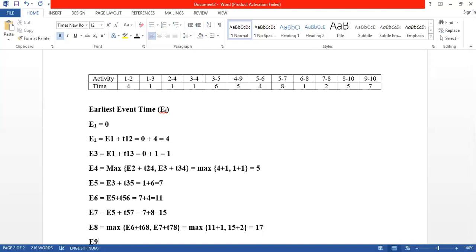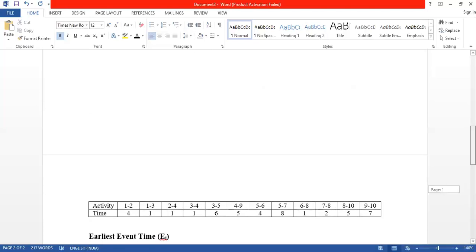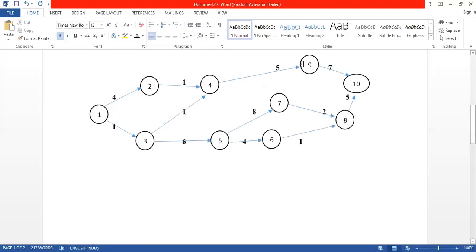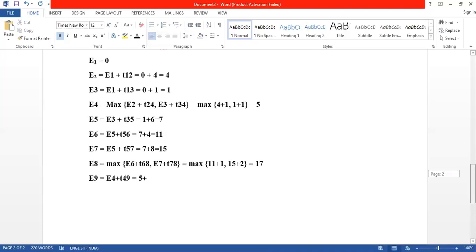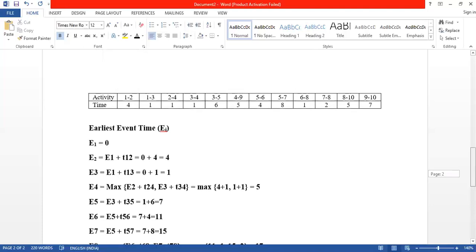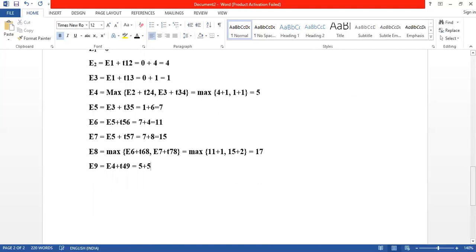Next, E9 equals to, so let us go to our diagram again. E9, 9 can be reached from fourth event, so it is E4 plus T49. So our E4 is 5 plus 49 is 5 equals to 10.